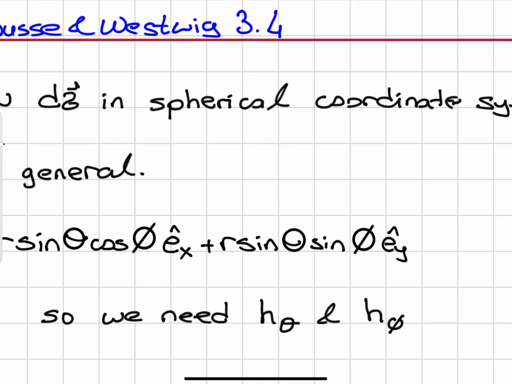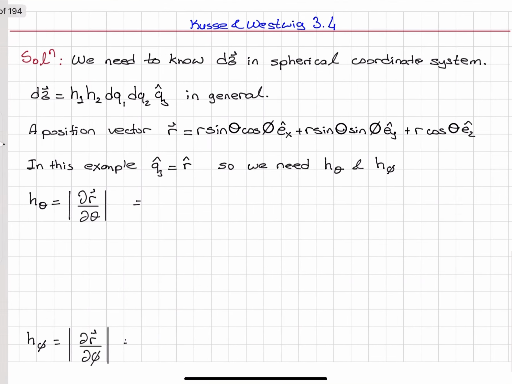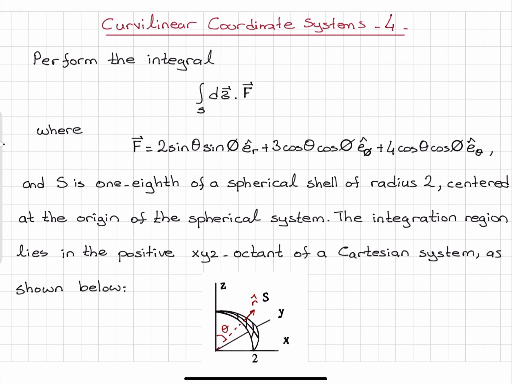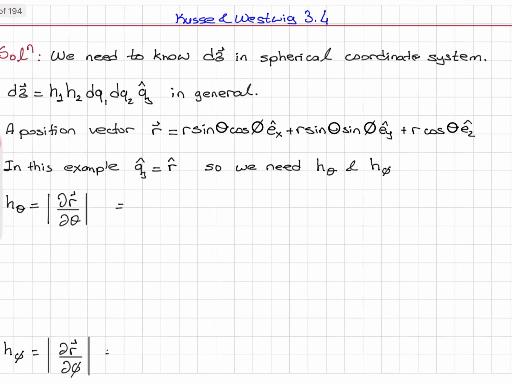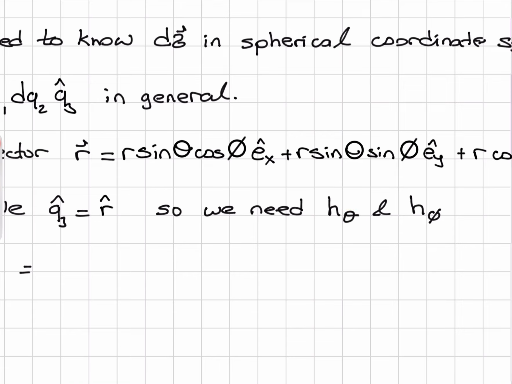And the z component is r cosine theta in the e_z hat direction, the projection onto the z-axis. All right, so we need to know h theta and h phi.